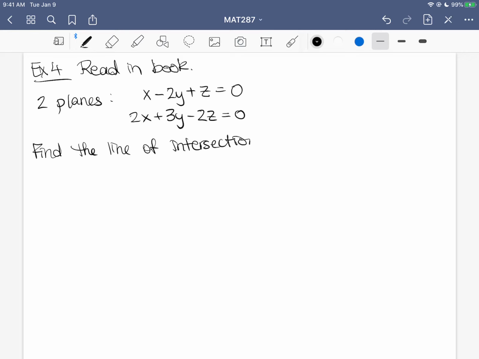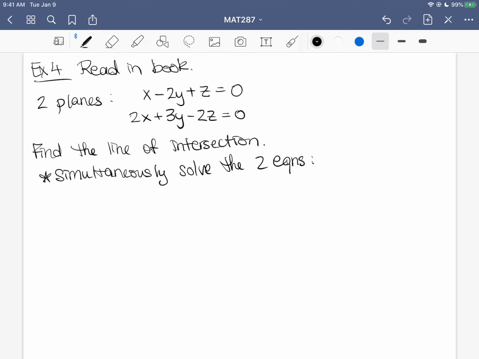Okay, well, points are going to be on both planes if they simultaneously satisfy both equations, right? So what I want to do is simultaneously solve the two equations.